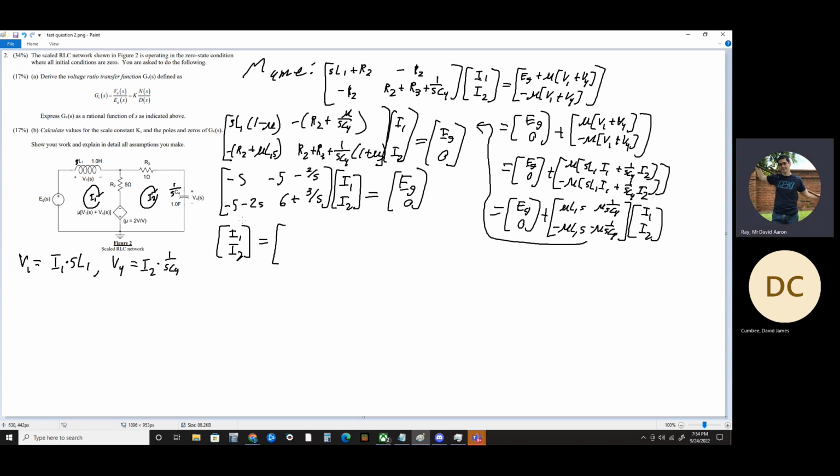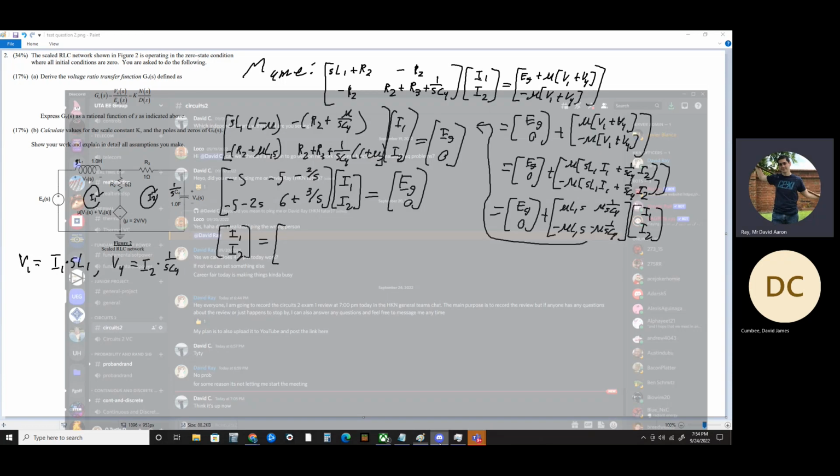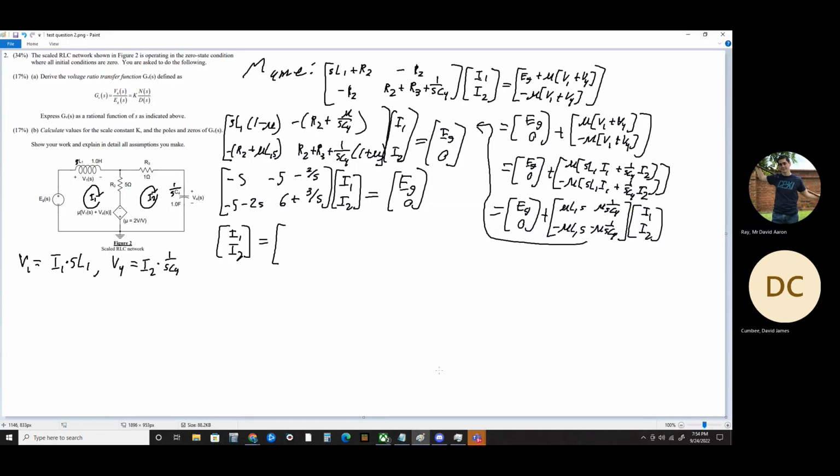Let me pull it up on my calculator. It's going to be negative x, comma, negative 5 minus 2 over x, close, open bracket, negative 5 minus 2x, comma, 6 plus 3 divided by x, close, close, raise the negative 1, open, open.